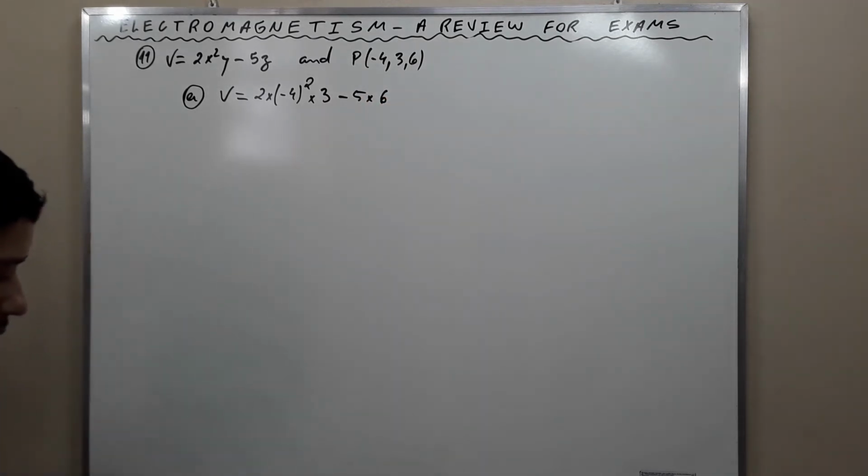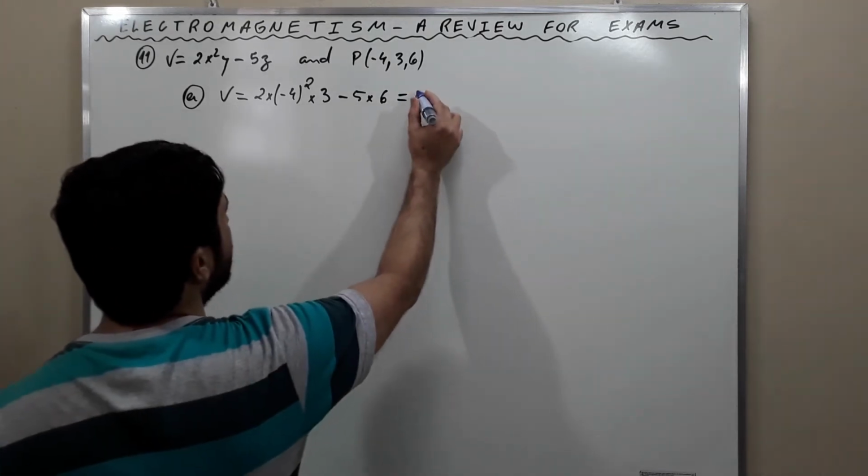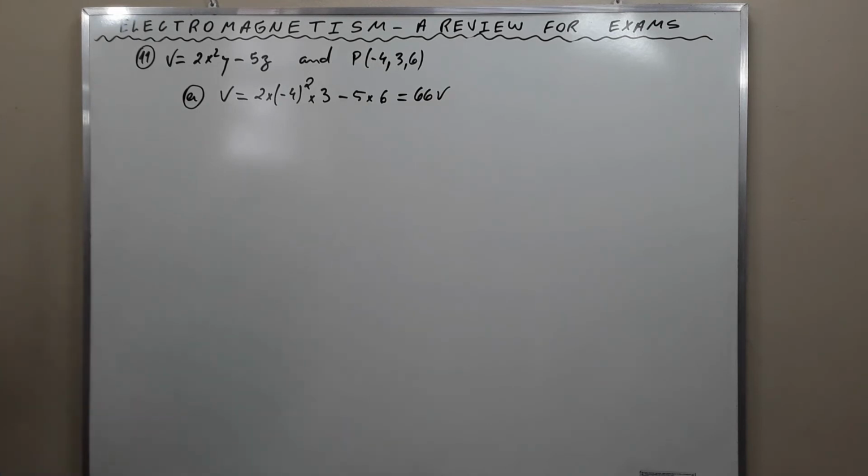And we find therefore that the potential at P is 66 volts. Letter B now. Letter B wants us to calculate the electric field.